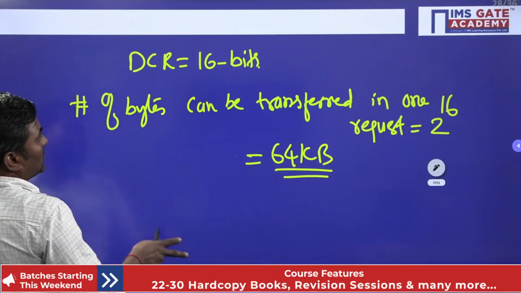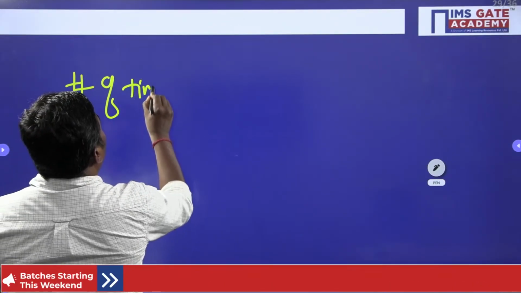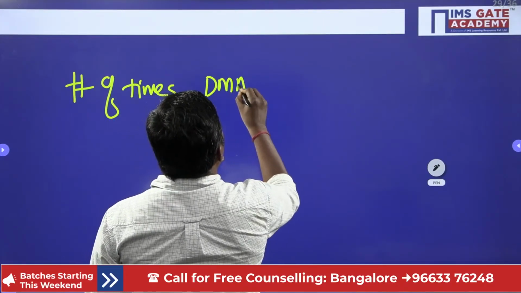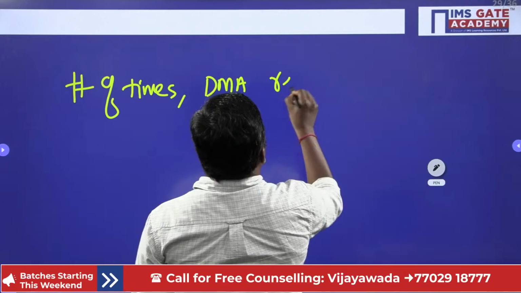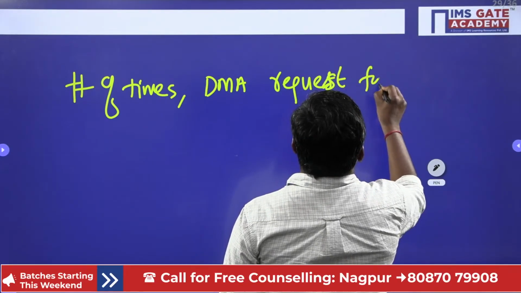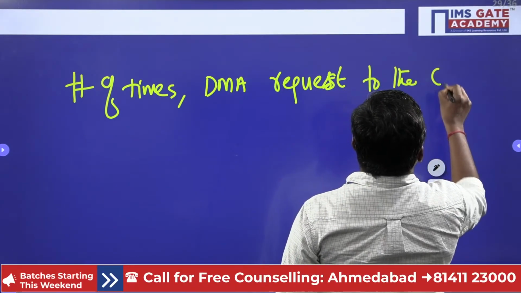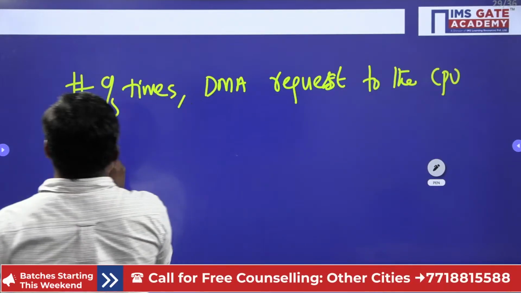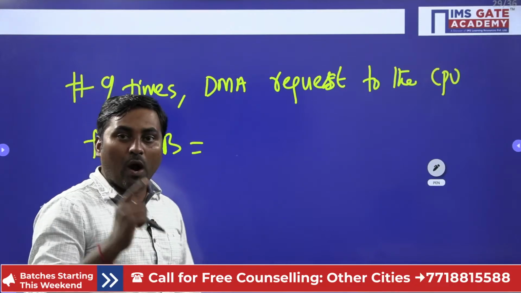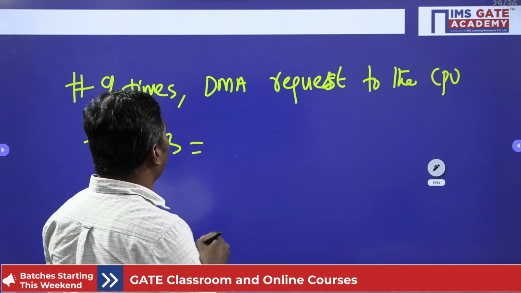So the number of DMA requests to the CPU for the system bus: for one request you are transferring 64 KB. What is the larger file you are transferring?